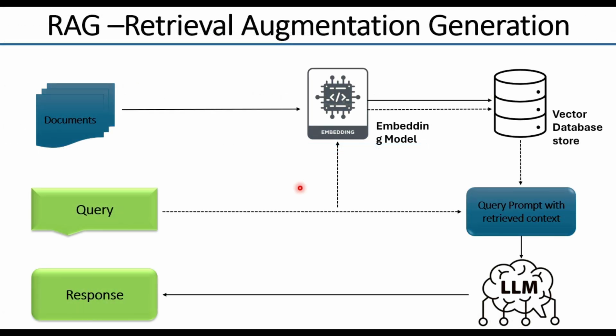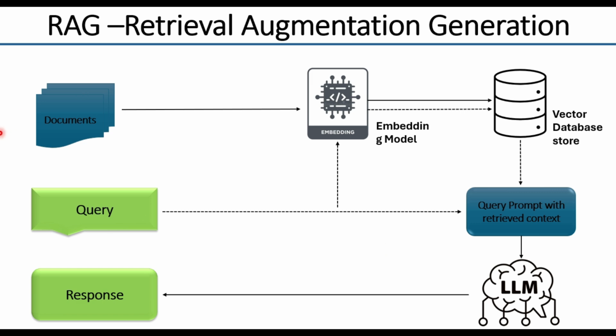So RAG is nothing but a combination of external knowledge with large language models. Let's try to understand the functionality of RAG with the help of this diagram. Friends, here the large language model is going to utilize these documents as external knowledge in order to respond to the query. What is the normal flow?